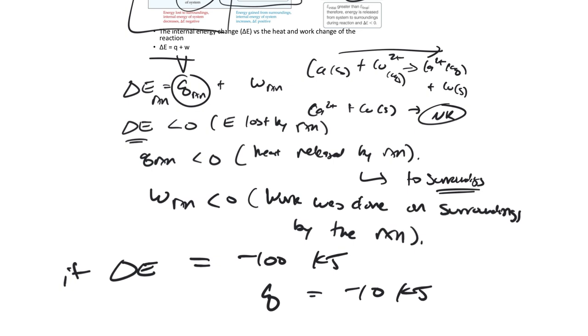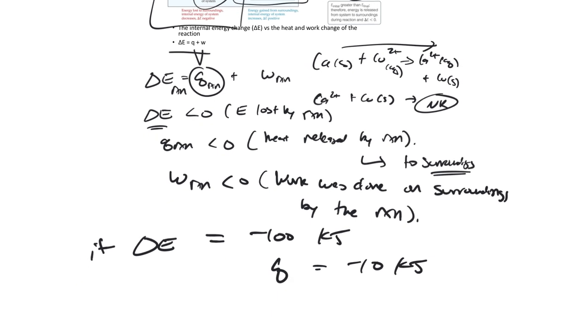So that means that the engine receives 10 kilojoules of energy that was lost by the reaction. And then that would have to mean that W was equal to minus 90 kilojoules. So if the reaction has 100 kilojoules to lose, then maybe the engine's absorbing 10 kilojoules, and then the car itself absorbs the other 90 kilojoules in the form of pushing it down the street. So we give it a certain force so it can accelerate to a certain distance.